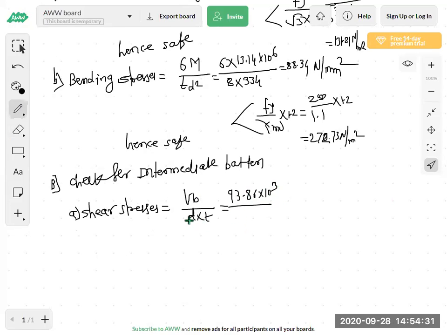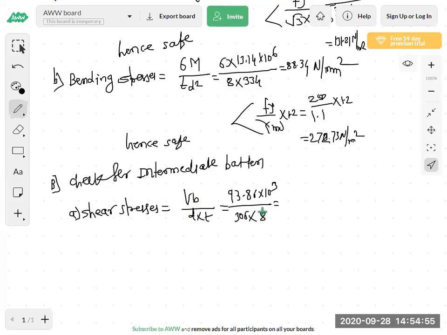So D. Now this depth is for the intermediate batten. So how much is the depth of the intermediate batten? 306. That is very important because if we are calculating the stresses for a particular batten, then we have to use the dimension of that particular batten. So T here is 8.